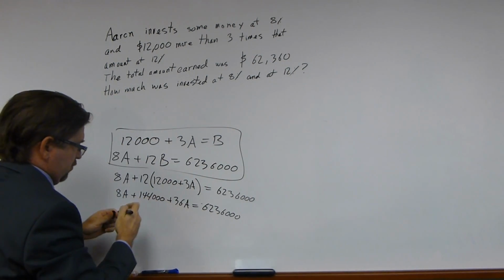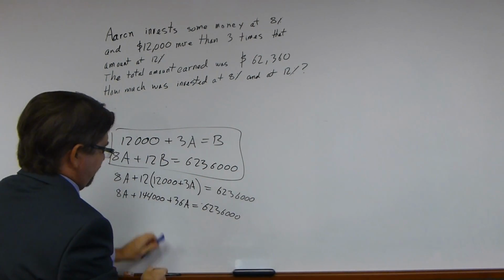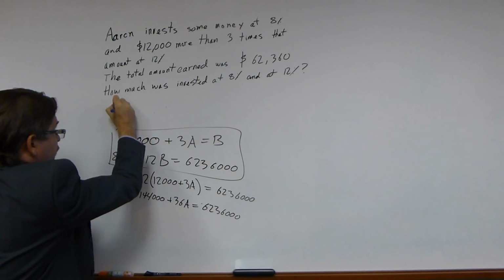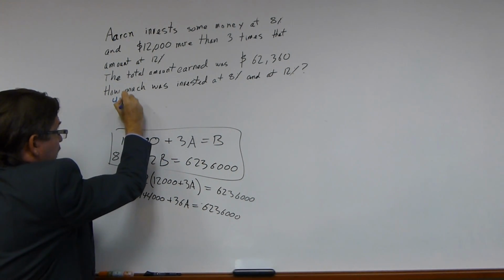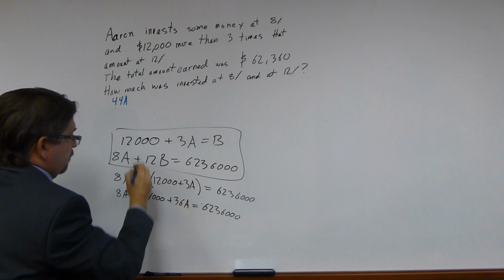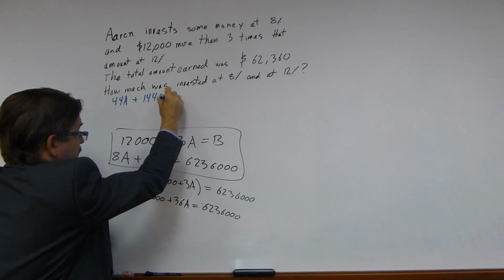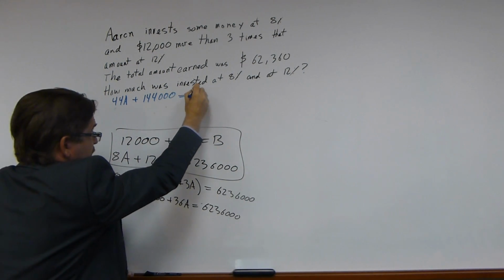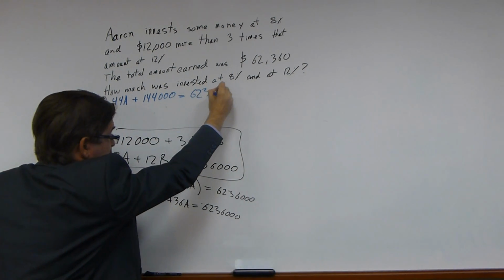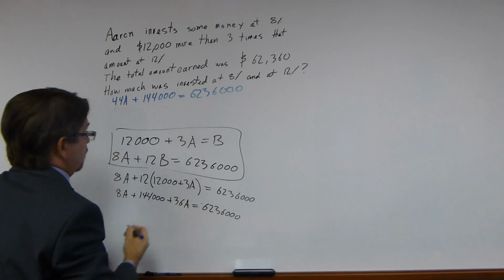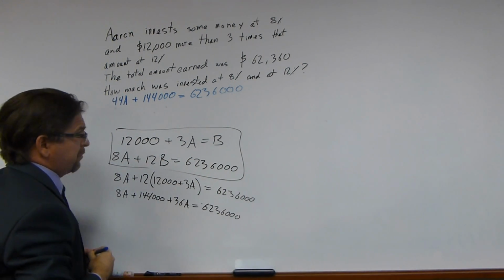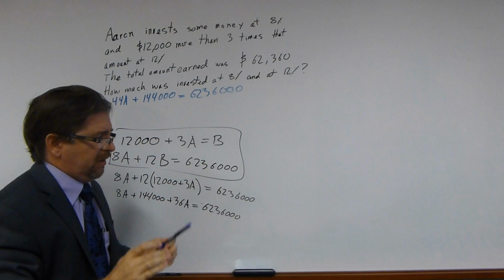So, 44a plus 144000 equals 6236000. Okay, we want to simplify this. Always simplify.